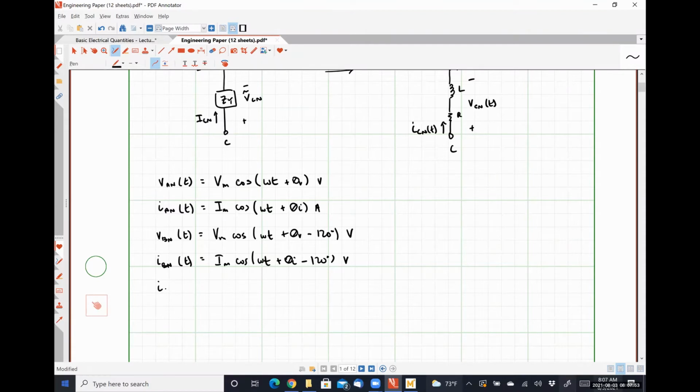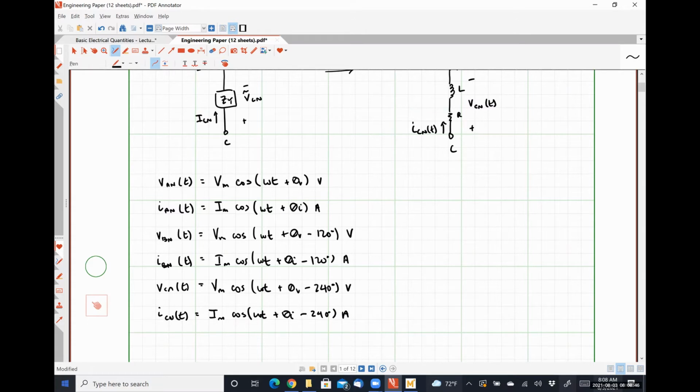And then finally, over our C phase, sorry, my hand is cramping up and my handwriting is getting more awful than usual. We'll have omega t plus theta v minus 240 degrees volts and a similar current. That unit on that current should be amps.